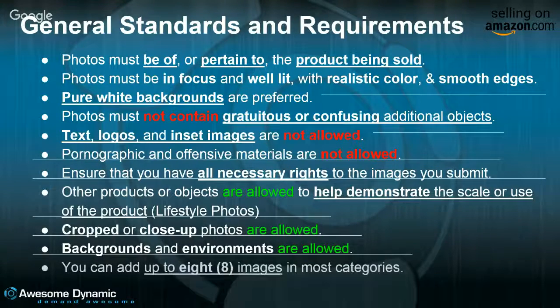And lastly, you can add up to 8 images in most categories. Amazon is always changing the requirements for different categories, and sometimes you're using a template for old listings, and the newer listings have different requirements and different options available to you.